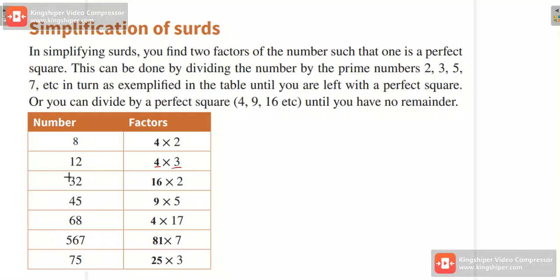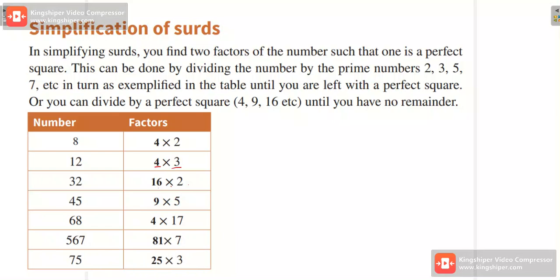When we take 32, we can write 32 as 16 times 2, where 16 is the perfect square. 45 can be written as 9 times 5, and 9 is the perfect square. 68 is 4 times 17, and 4 is the perfect square. 567 is equal to 81 times 7, and the 81 here is the perfect square. And 75 can also be written as 25 times 3, where 25 is the perfect square.